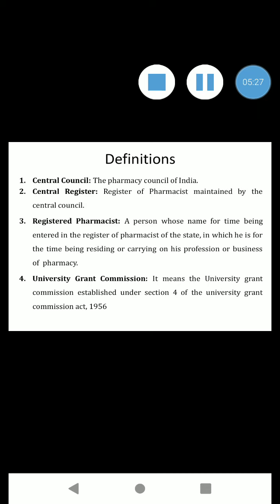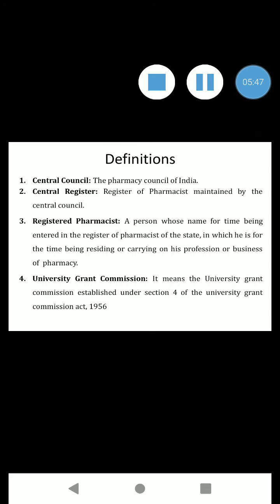The register carries only pharmacists' names, for their profession or business. Only those pharmacists should enter into the register, which is maintained by the Central Council.